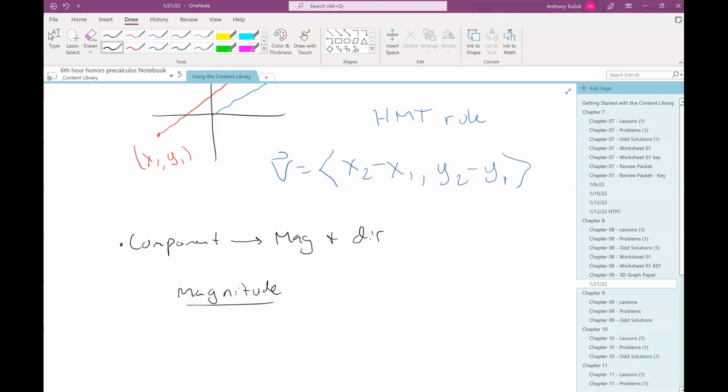So if I want to calculate the length of a segment in your geometry class, what would we have used? The distance formula, right? d is equal to the square root of (x1 minus x2) squared plus (y1 minus y2) squared. Now in component form, one point is (a, b) and the other point is the origin.